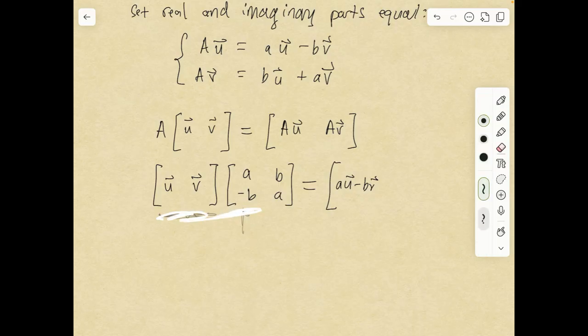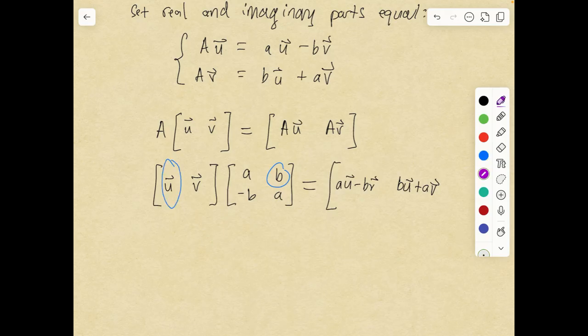Okay, so go back and review this fact that a matrix times a vector is a linear combination of the columns of the matrix, if this is unfamiliar to you. And then, likewise, the second column is going to be BU plus AV, right? Because you take this times that plus this times that.